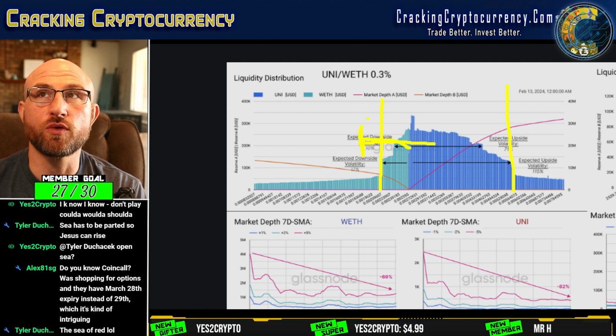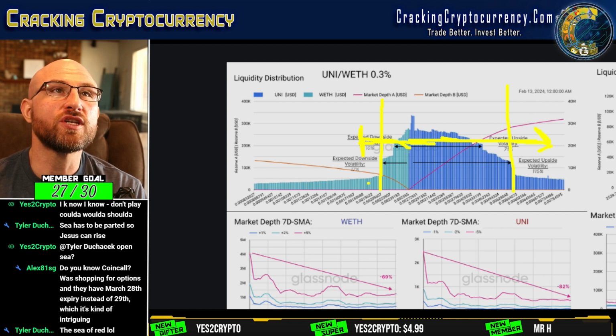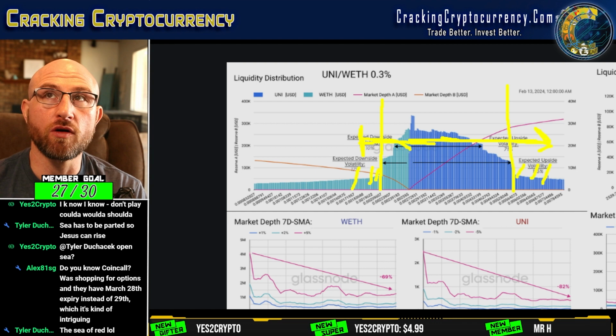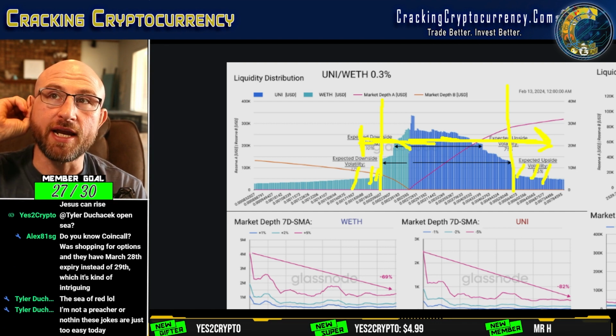There's no real service for prices down here below. Similarly, if price were to break to the upside, we would expect it to revert back into the range, because that's where liquidity is being provided. But when we start to see this profile broaden out, when we start to see these numbers go up, that is an indication that liquidity providers are expecting dramatic moves or more volatility, more movements outside of the range.